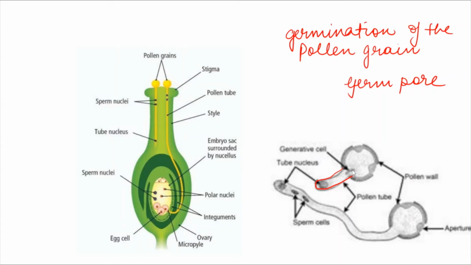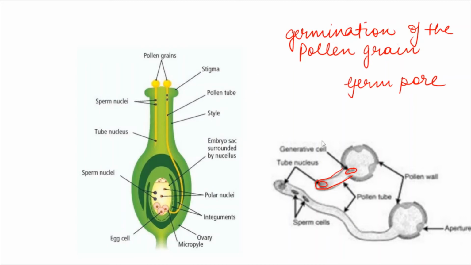You can see the generative cell starts shifting towards the pollen tube, and the tube nucleus or the vegetative nucleus had already shifted immediately after the onset of formation of the pollen tube.